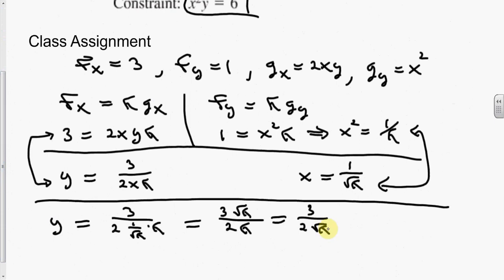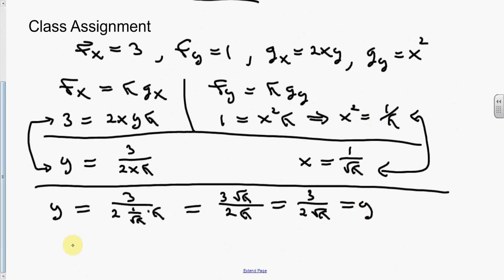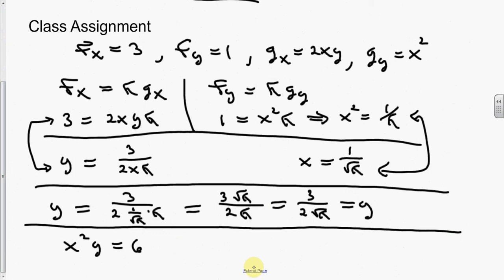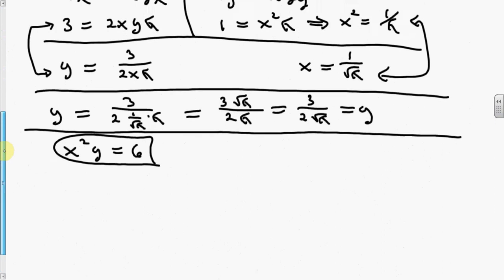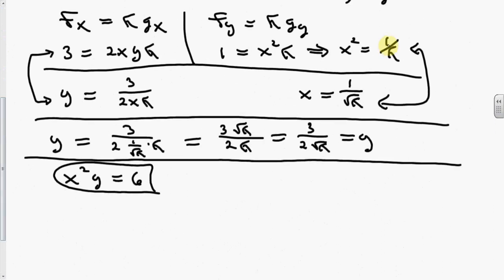This is what y is equal to, and then x squared is 1 over lambda. So the constraint said that x squared times y is equal to 6. So the x squared, we got that to be 1 over lambda.